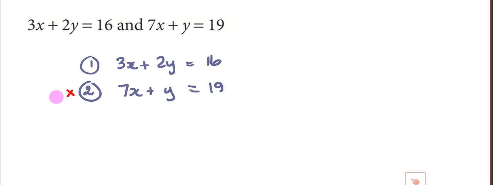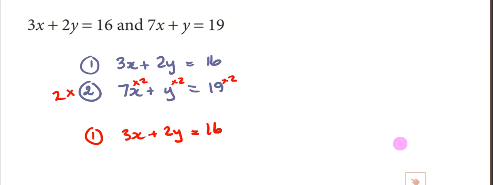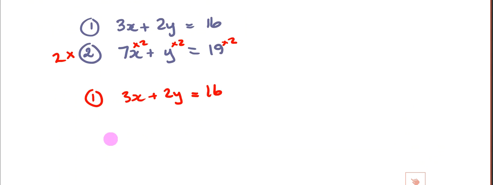Times by 2. So number 1 is still 3x plus 2y is 16. Number 2 is now 14x plus 2y is equal to 38. Yeah, that's a similar number. I mean, it's not going to be completely different.